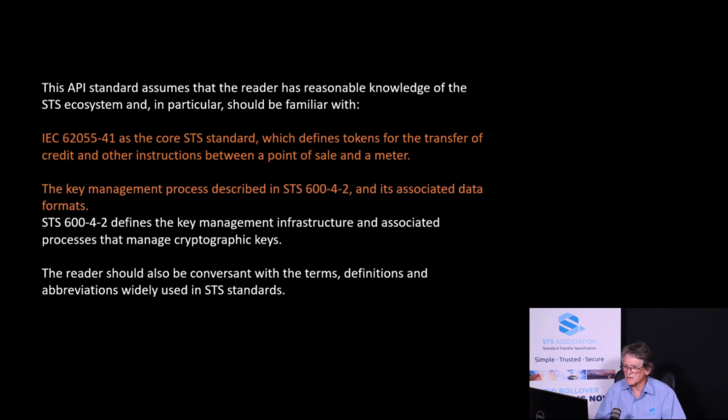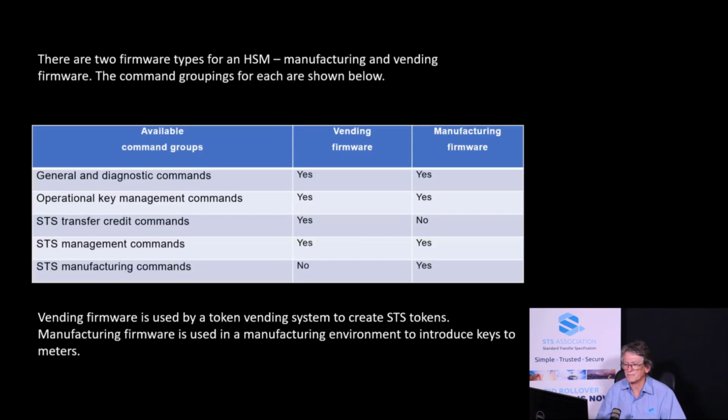The key management process described in STS 600-4-2 and its associated data formats. The STS 600-4-2 defines the key management infrastructure and associated process that manage cryptographic keys. The reader should also be conversant with the terms, definitions, and abbreviations widely used in the STS standards.